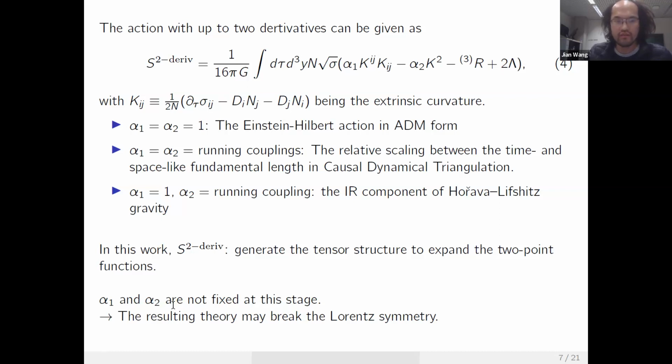We still treat them as free parameters. That means the resulting theory may break the Lorentz symmetry, since we only recover the Einstein-Hilbert action with them set to be 1. We'll come to this part later.